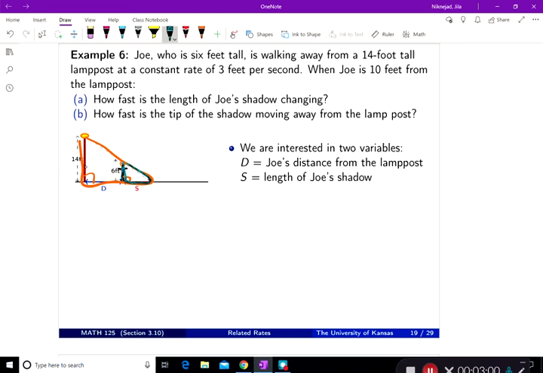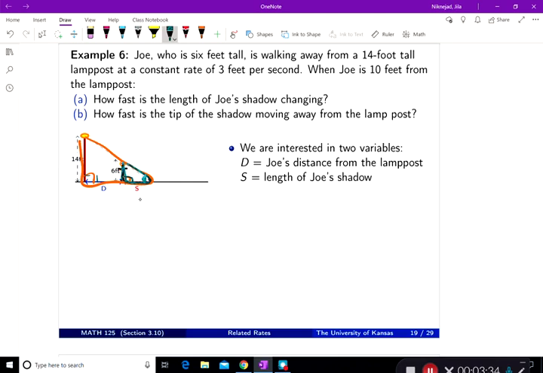According to what we learned in geometry, these two triangles share this angle, and they both have a right angle. That means all three angles of the two triangles are congruent, and therefore the two triangles are similar triangles.